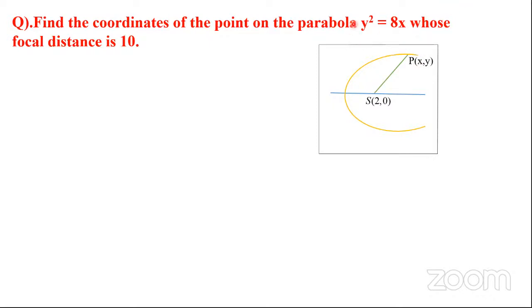Comparing the given parabola y square equal to 8x with the standard form y square equal to 4ax, 4a is equal to 8, from which a is equal to 2. Therefore, focus S(a, 0) is S(2, 0). Given that focal distance SP is equal to 10.